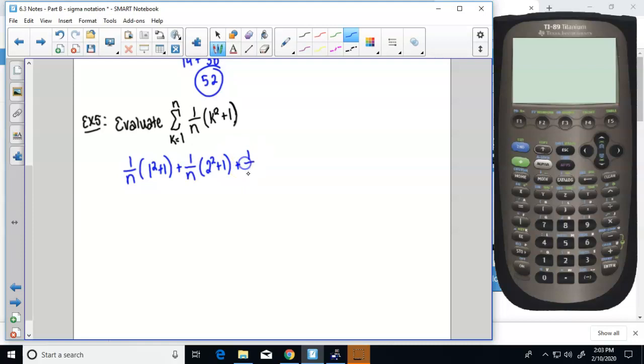And 1 over n times 3 squared plus 1, and then 1 over n times 4 squared plus 1, and this is going on forever, and I'll put plus dot dot dot. I don't know what n is, but eventually I'm going to get to it, and I'll get 1 over n times n squared plus 1.